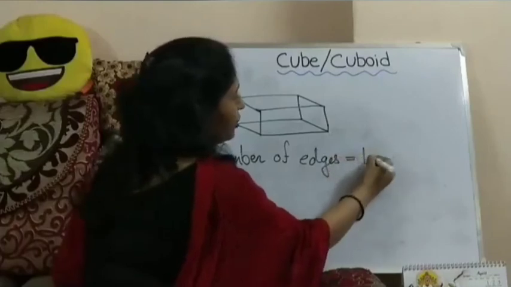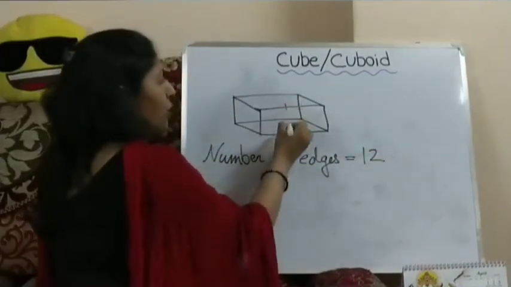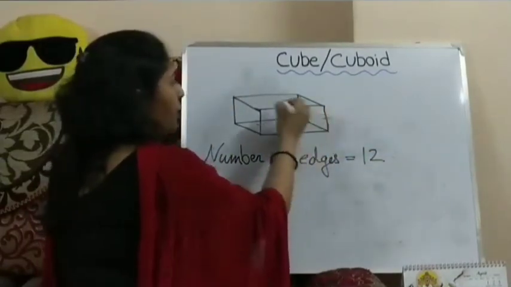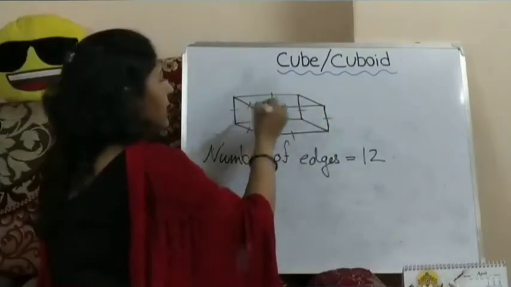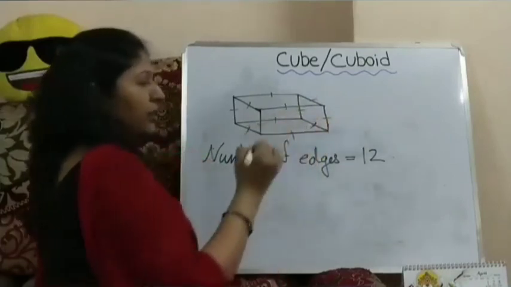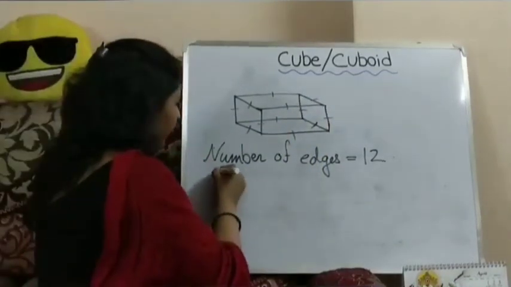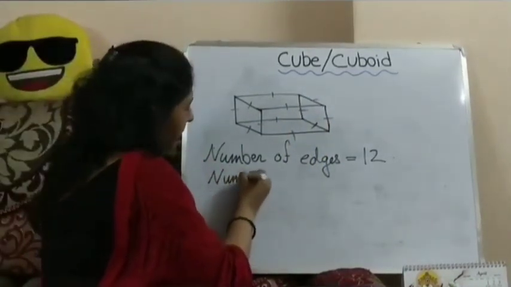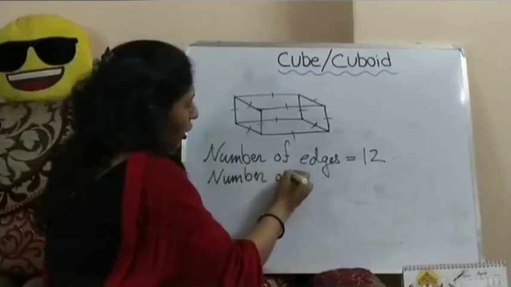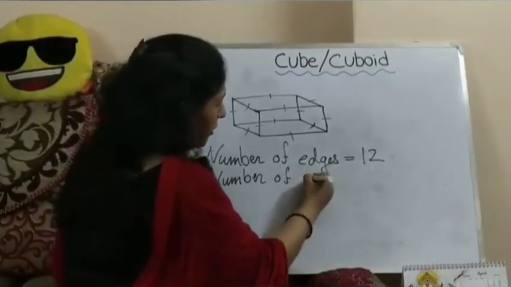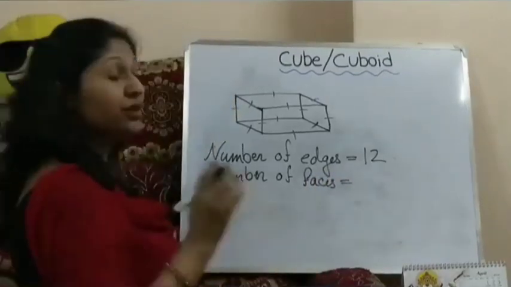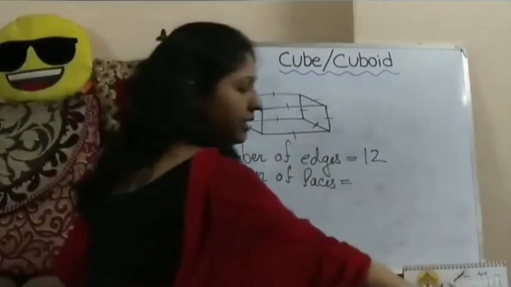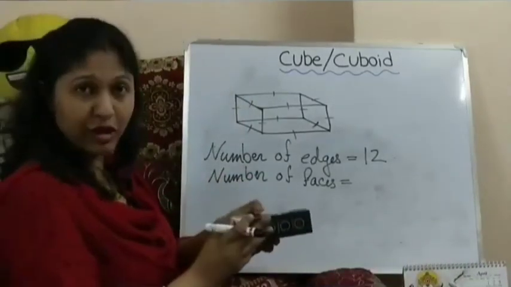edges equal to 12, that is 1, 2, 3, 4, 5, 6, 7, 8, 9, 10, 11 and 12. Okay, so number of faces, that is also 6. Like this is box, this is also a cuboid.